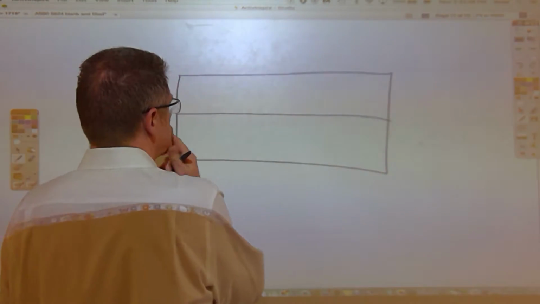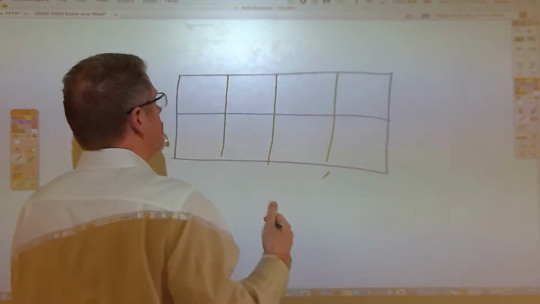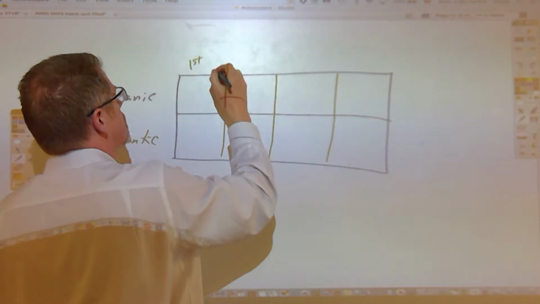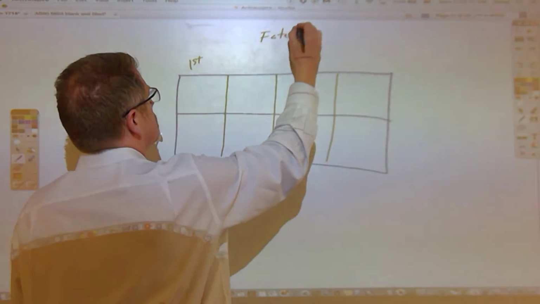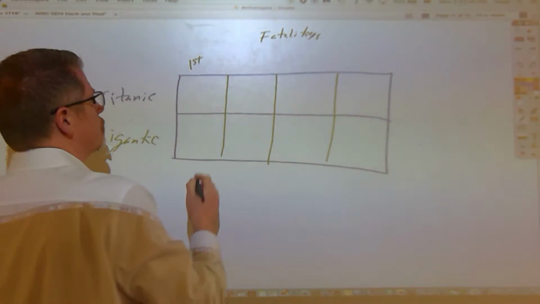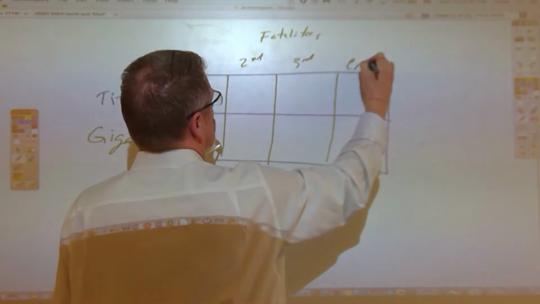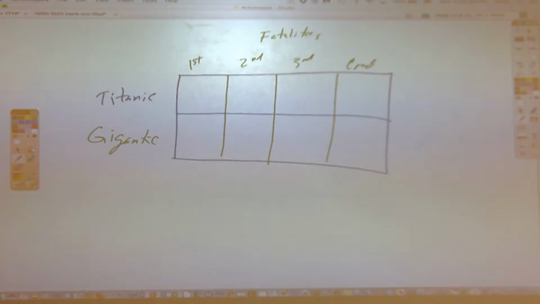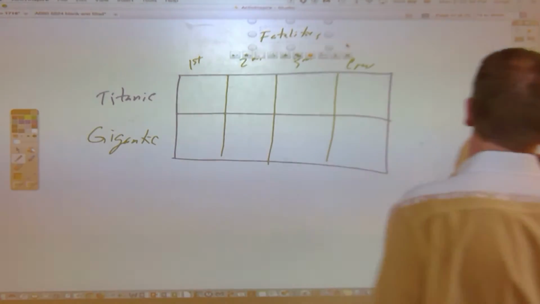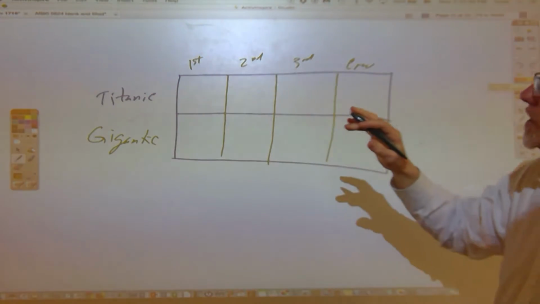And then what we can do is look for two distributions here. We can look at first class. This is going to be fatalities. And we'll just look at them in terms of percentages, second, third, crew. Actually, let's look at survival. Since it's two ships sinking, let's look on the bright side.